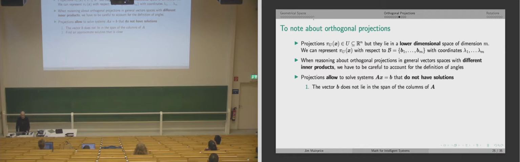So we find an approximate solution that is close to solving the equation.